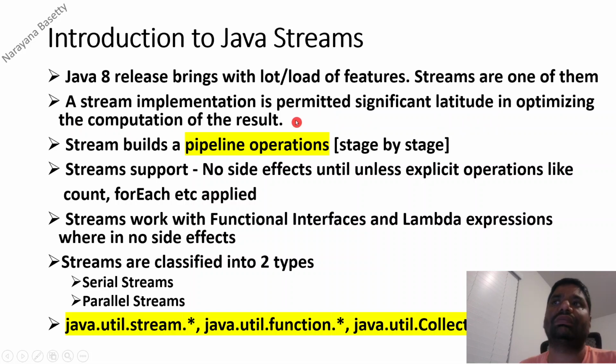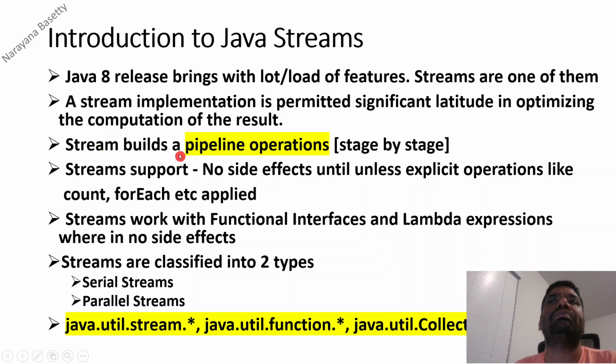That means as low a memory footprint as possible is used to build your result. That's how optimized the JVM compiler as well as the JVM runtime engine are. That is the beautiful thing, which avoids a lot of boilerplate code like the legacy Java implementations. We will see some samples after this concept understanding.